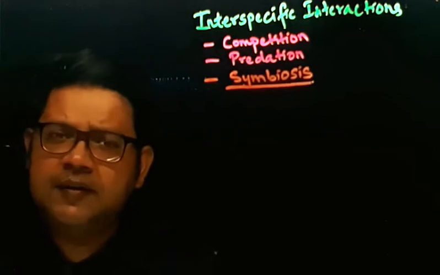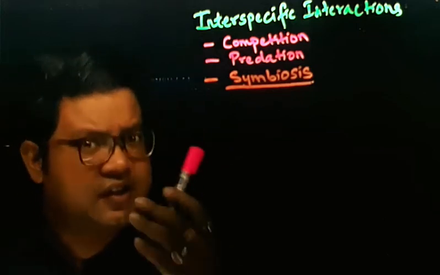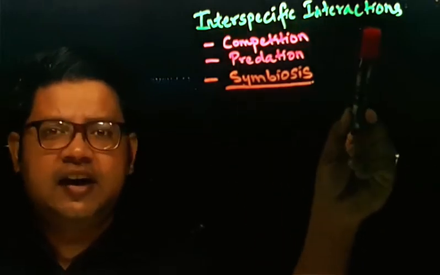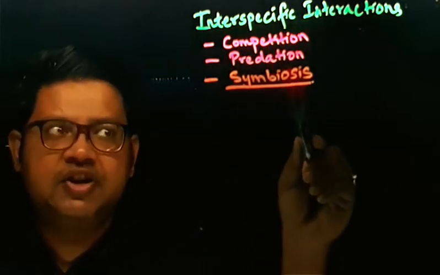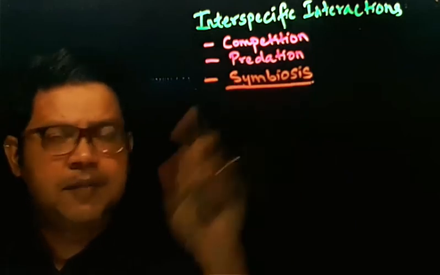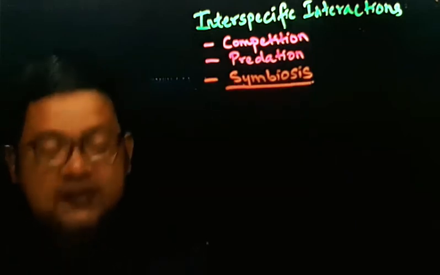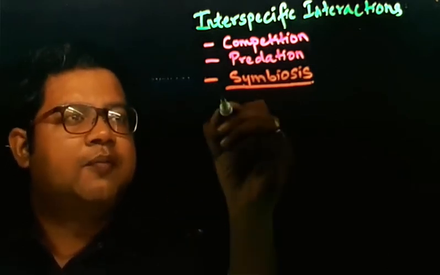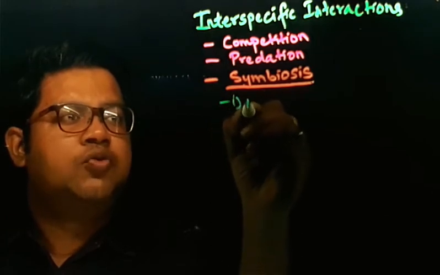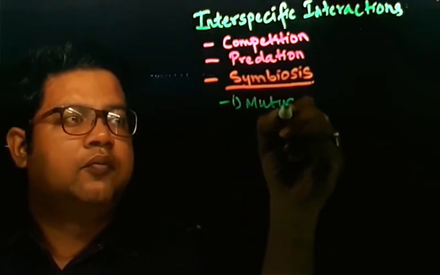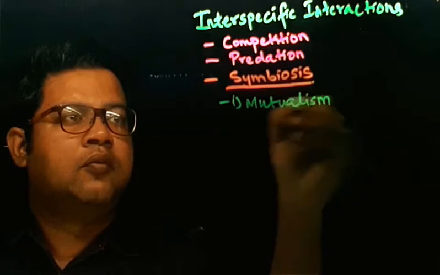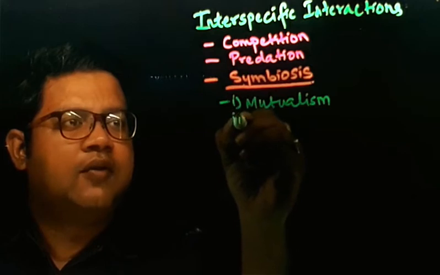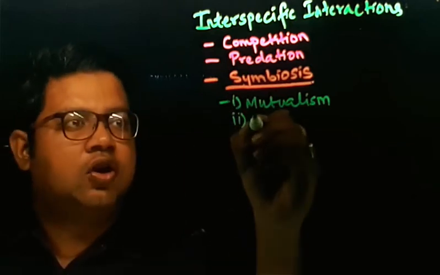Now, symbiosis can generally be of three types. So, these interspecific interactions are competition, predation and symbiosis. Symbiosis is generally of three types. The first type of symbiosis is called mutualism. The second type which we will discuss is called commensalism.